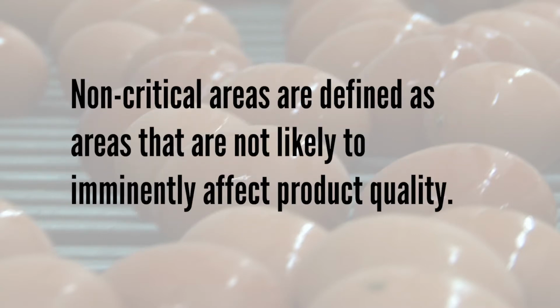Non-critical areas are defined as areas that are not likely to imminently affect product quality. Non-critical does not mean it is not important. Non-critical unsatisfactory conditions should be addressed after the processing line has been started, unless unable to safely do so during processing.